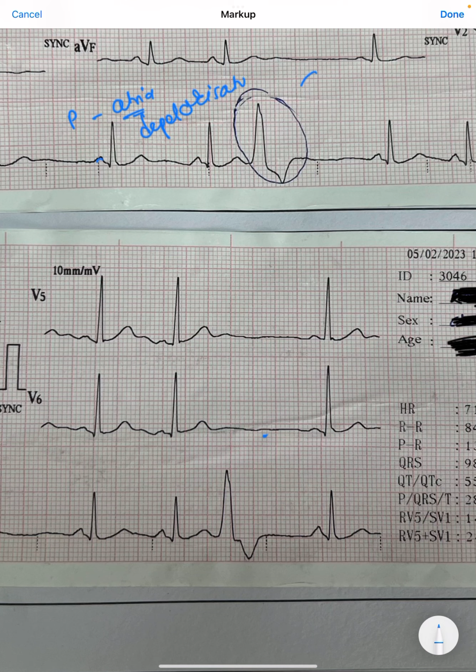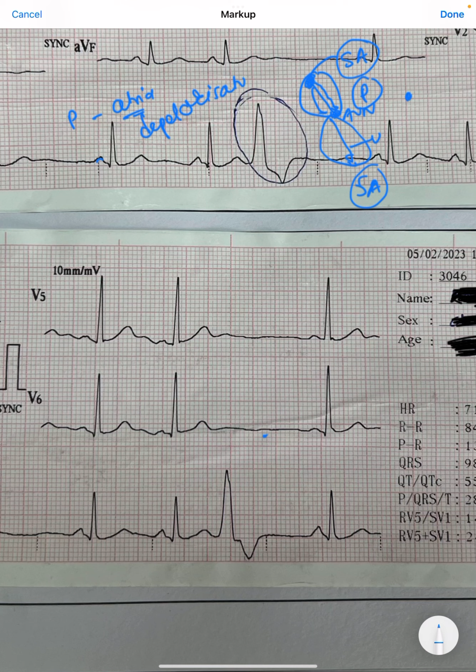This P wave originates in the atria, it travels to the AV node, and then from the AV node it goes to the ventricle. So to have a visible P wave, the impulse should get from the sinoatrial node, it should exit from it and travel to the AV node. Then only you can see this P wave. But what happens many times is that the SA node does not cause contraction, or there is no depolarization of the SA node at all.